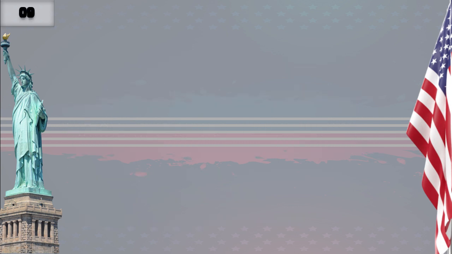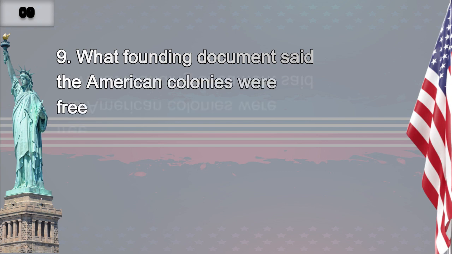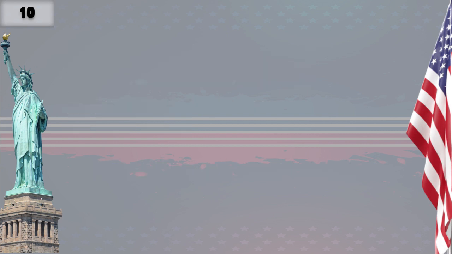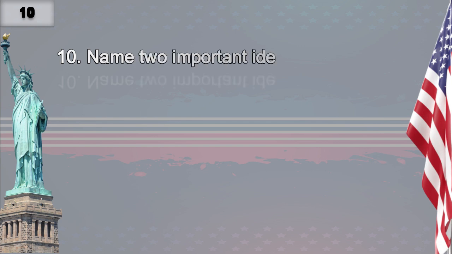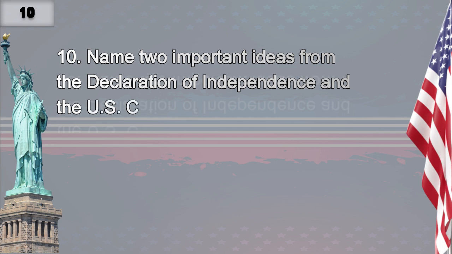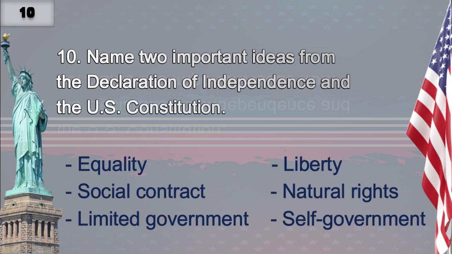Question 9. What founding document said the American colonies were free from Britain? Declaration of Independence. Question 10. Name two important ideas from the Declaration of Independence and the U.S. Constitution. Equality. Liberty.